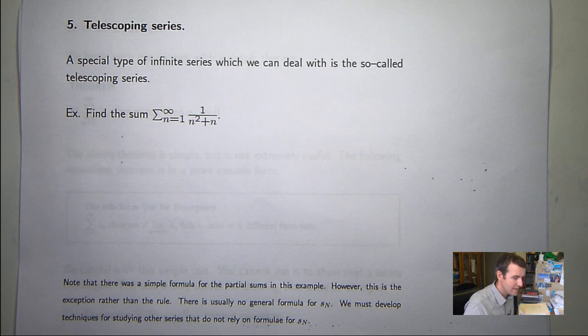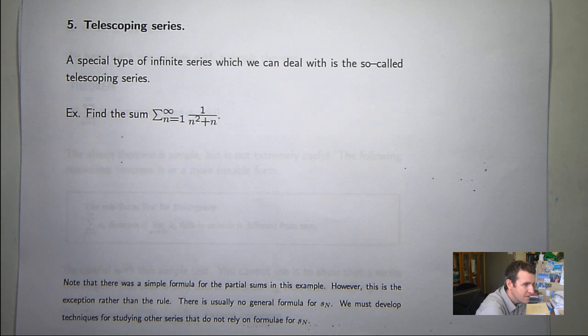But I need to say this is rare. We don't usually have that complete information about series. Well, there is one other kind of series that we can use this idea on and actually come up with a formula for the nth partial sum. And we can use that to actually calculate the value of the series. It's the so-called telescoping series.